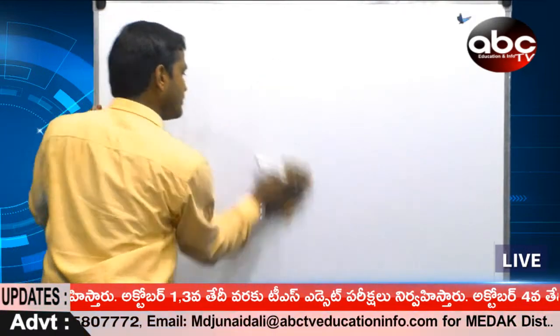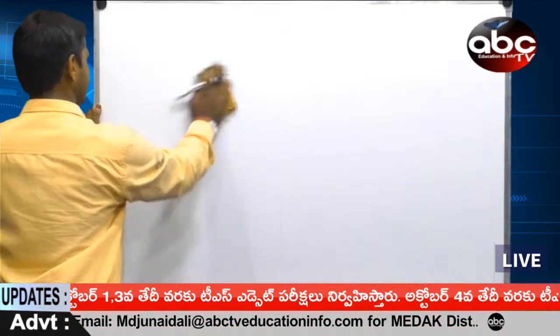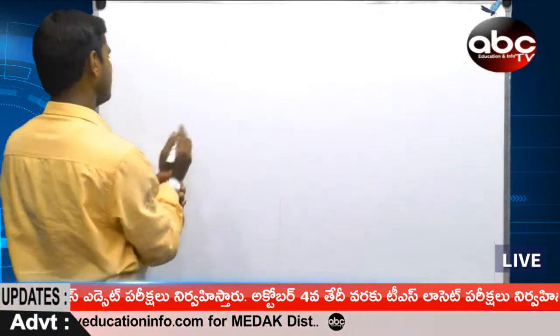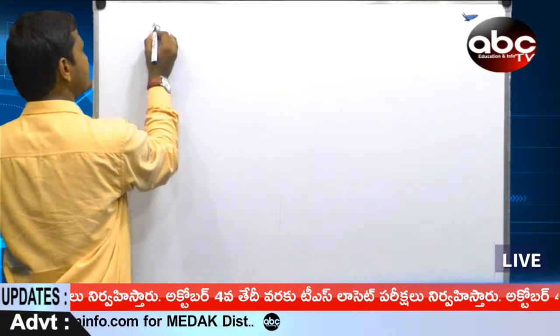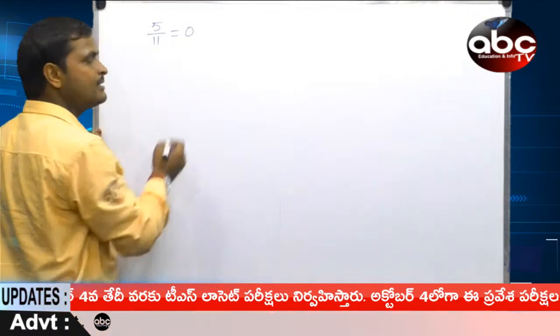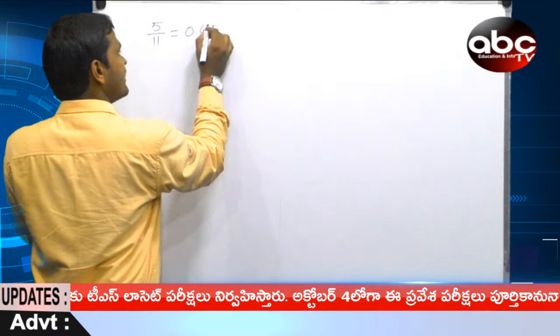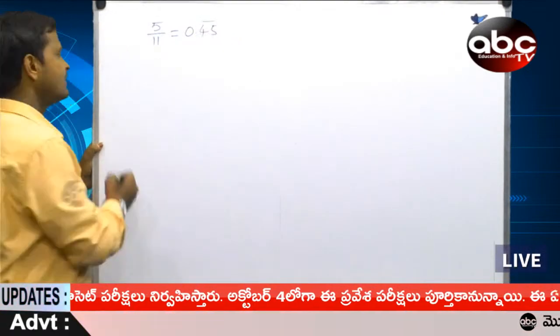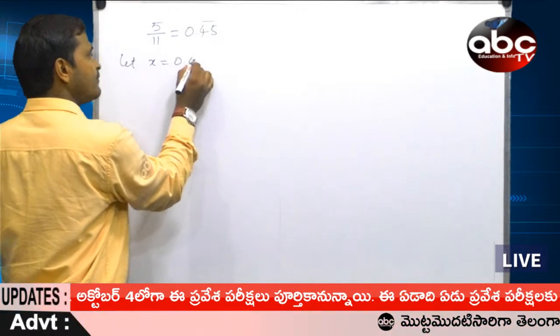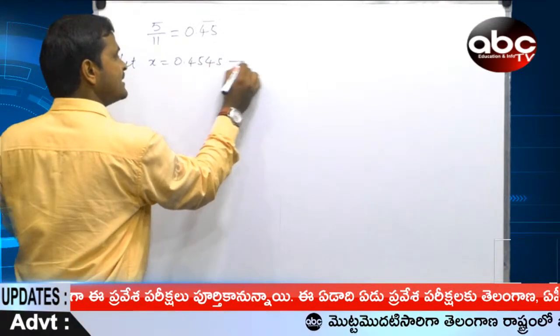Or you can take one more example. You already know, students, 5 by 11. Then what is the answer? 0.45 bar. Okay. Then let x be equal to 0.4545, that is equation 1.